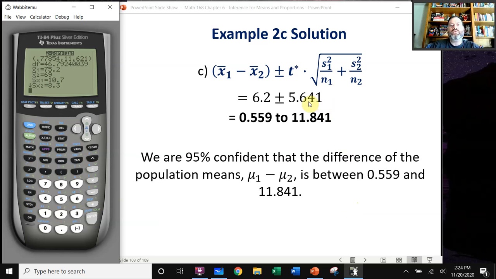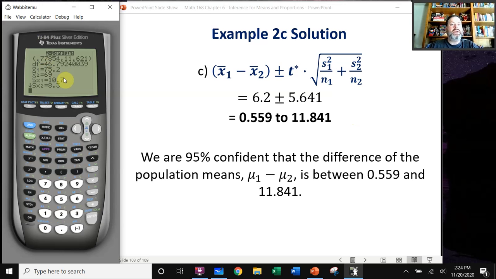And what's going on here is that your graphing calculator with the shortcuts is using a different formula to compute the degrees of freedom. It is not using n1 minus 1 or n2 minus 1. It's using this very complicated procedure. So there's nothing we can do about that.